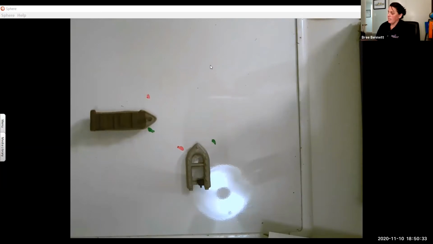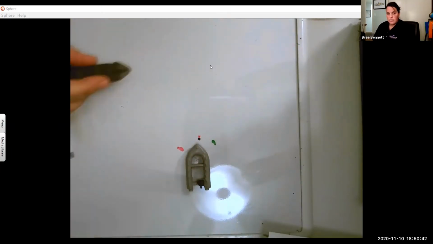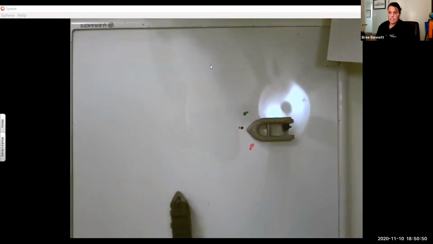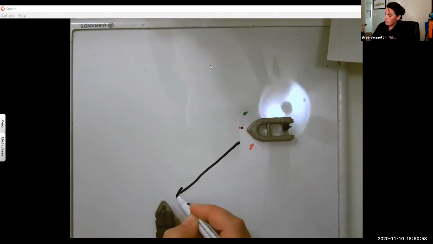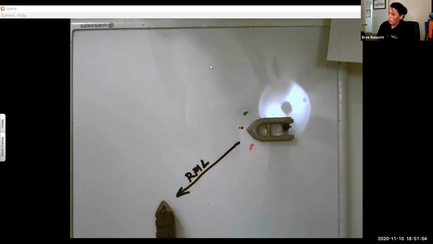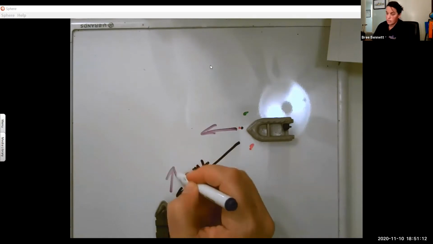Let me change it like this to kind of go back to what we were doing in class. So our relative motion line is something like that. With this guy, he is going this way, and I am going this way.